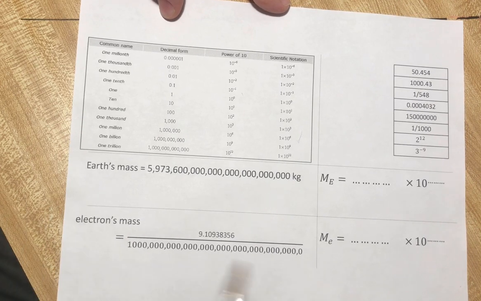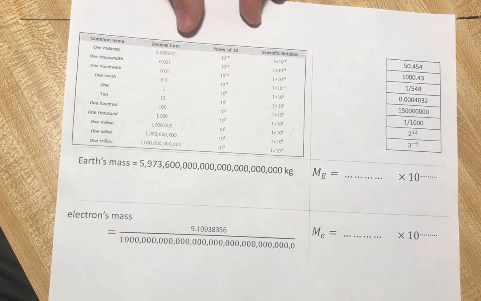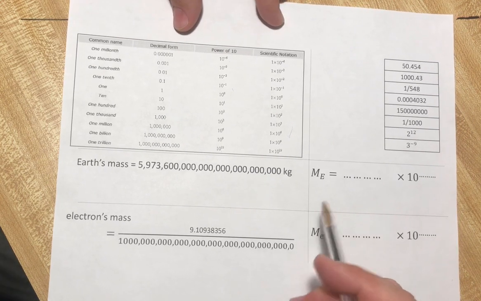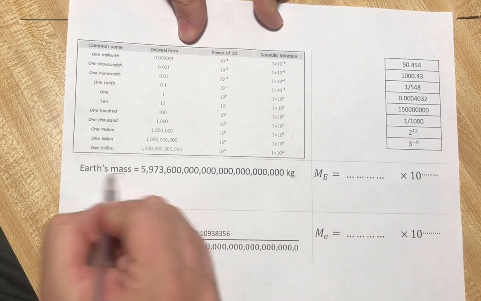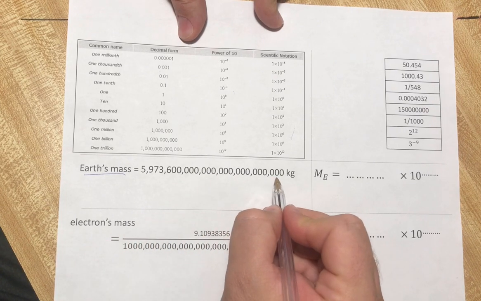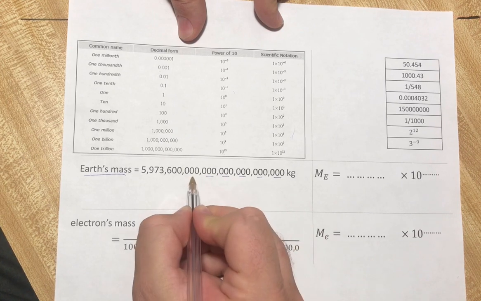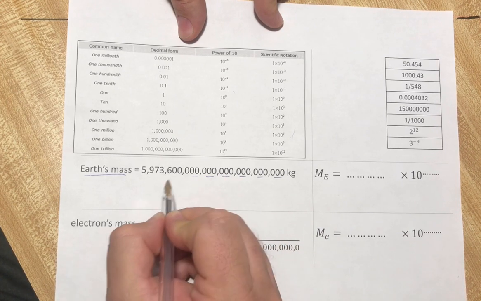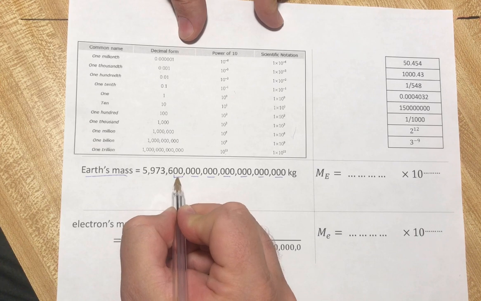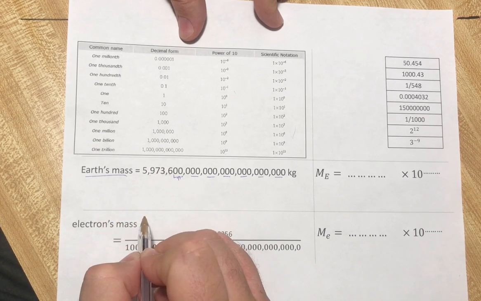Now, in physics, we have huge amounts of quantities. For example, we have Earth's mass. It is, I don't know how many zeros: 3, 6, 9, 12, 15, 18, 20, and then I have many steps here.